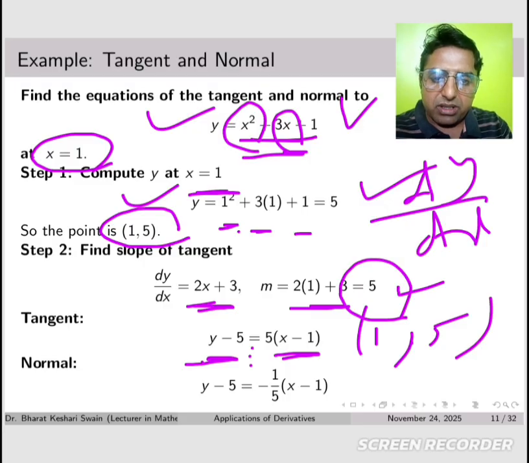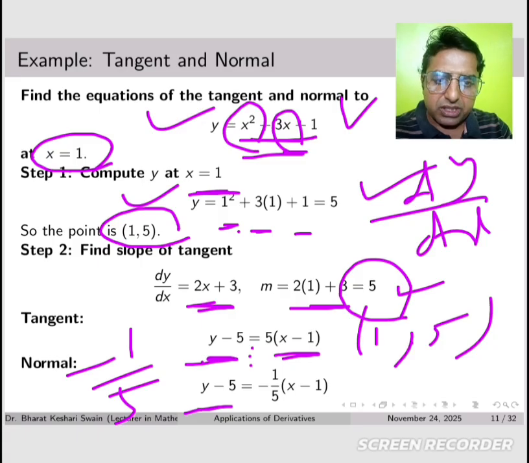Similarly, we can find the normal equation. What is the normal? Y minus 5 only, the slope will be changed. If 5 is the slope of the tangent, the slope of the normal will be minus 1 by 5, because the slope of normal into slope of tangent is minus 1, because they are perpendicular to each other.